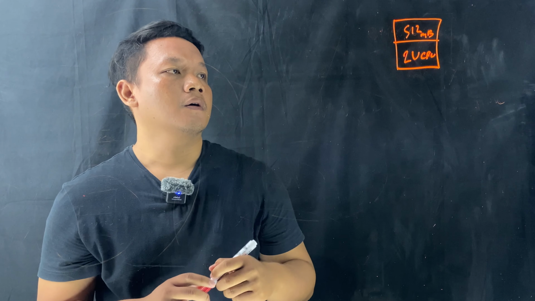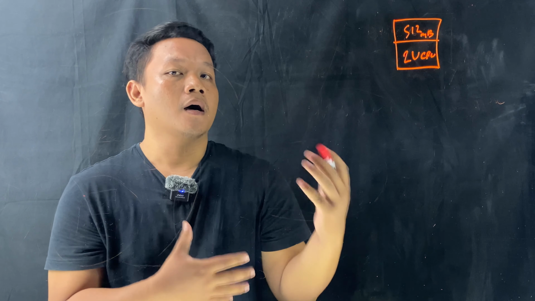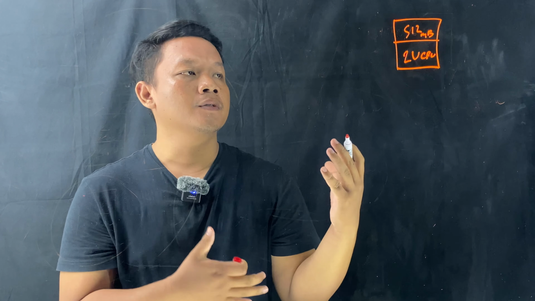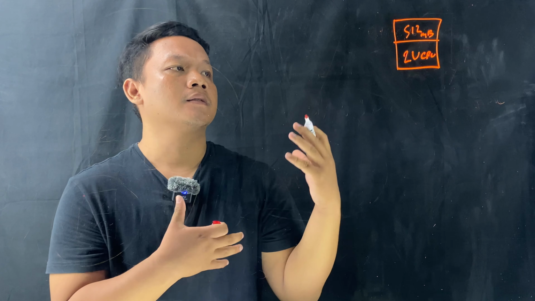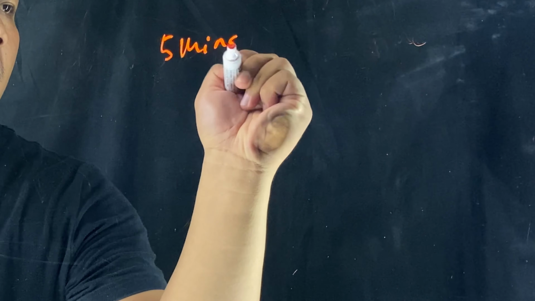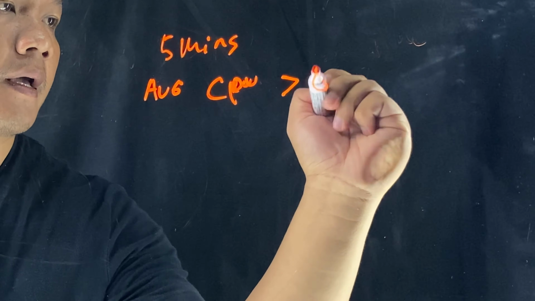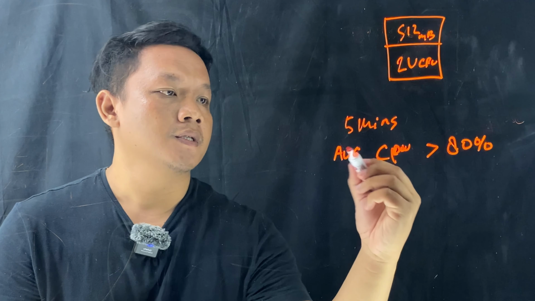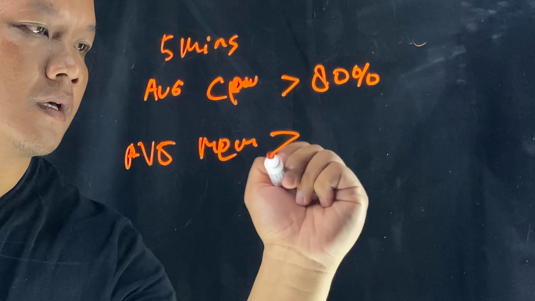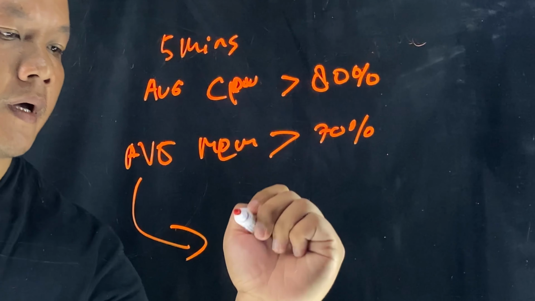The beauty of horizontal scaling is you can set a kind of rule to scale up the container. Let's say when the users get busy and requests start growing, you want to do this. For the last 5 minutes, if average CPU use is more than 80%, which means it's getting busier, and also average memory use is more than 70%, then you have to scale up.